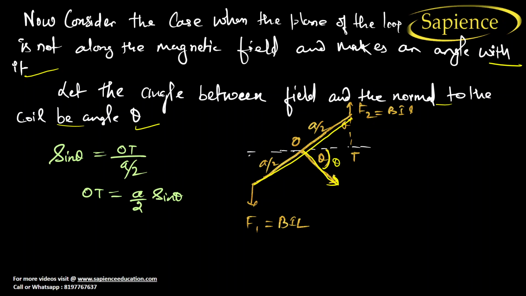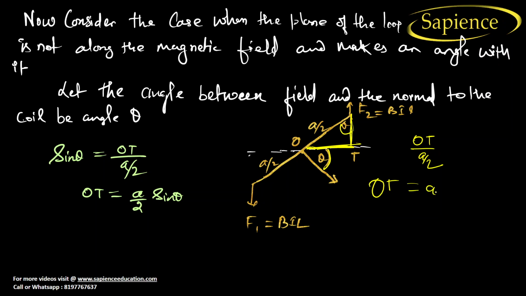Now see here. Since this is the angle theta, this will also be angle theta and this is the length. So sine theta is equal to the perpendicular by hypotenuse. So OT by hypotenuse, which is a by 2. So finally this length OT is equal to a by 2 sine theta.